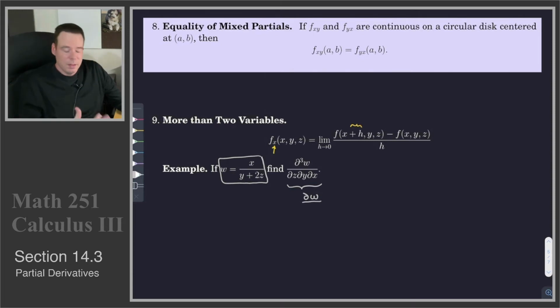Well, the differential operator, the d by d, whatever the variable is, happens to the left of the expression. So we would start with w, then we differentiate with respect to x, then we differentiate with respect to y, and finally we would differentiate with respect to z. So that's how we unpack that notation.